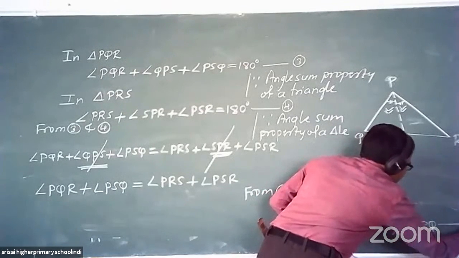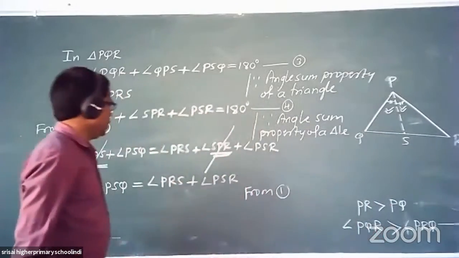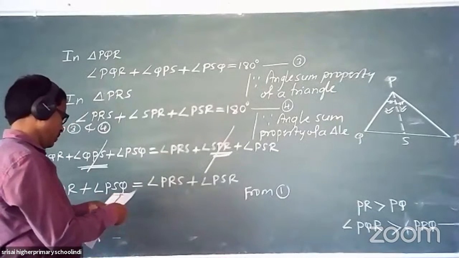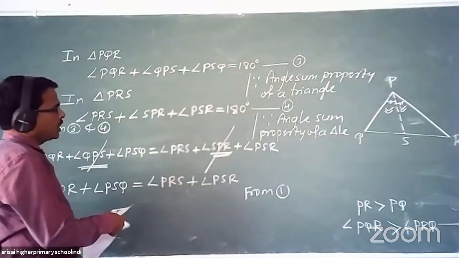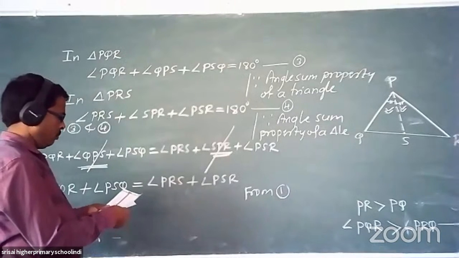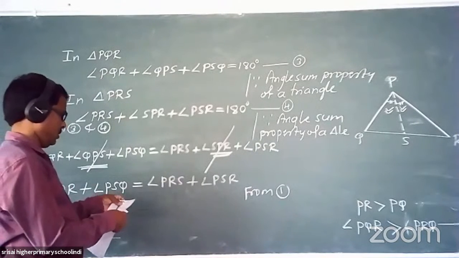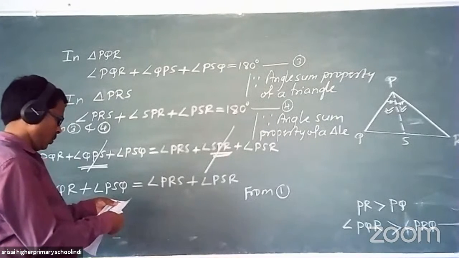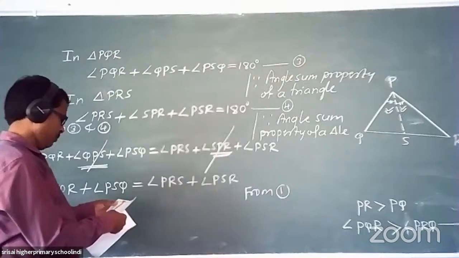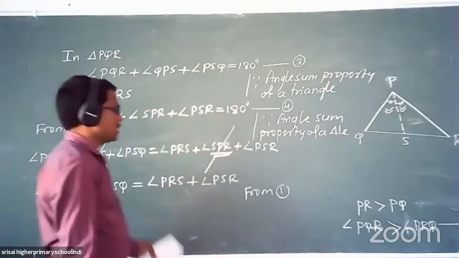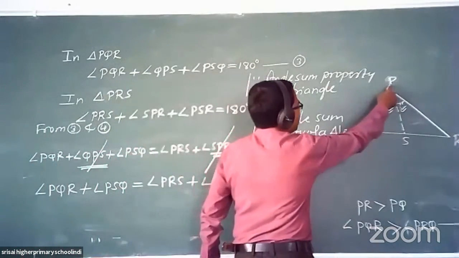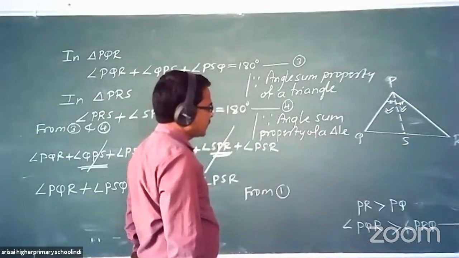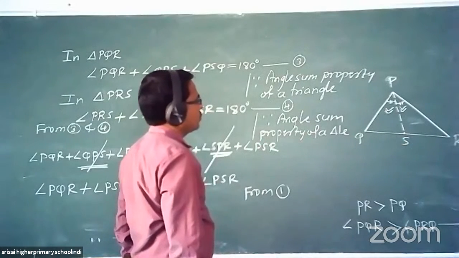This is equation number 1. From 1, what can we write? Here we can write in place of PSR, we can replace PSQ. Where is PSR? Here.